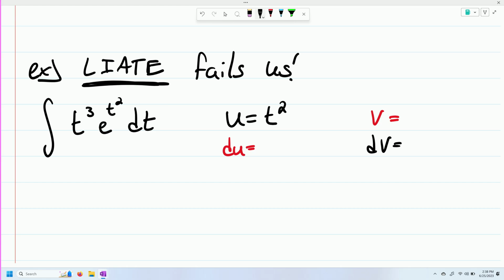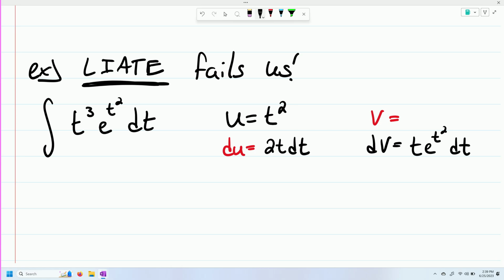Therefore, du is going to equal 2t dt. Now, if this is the case, then dv is t e to the t to the second dt.